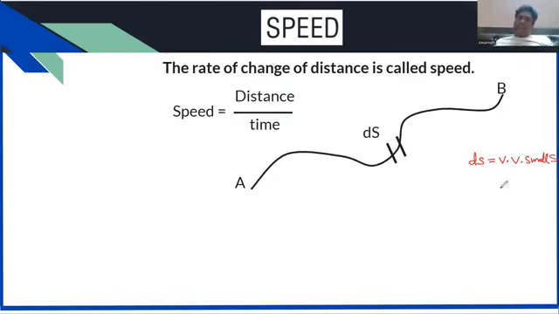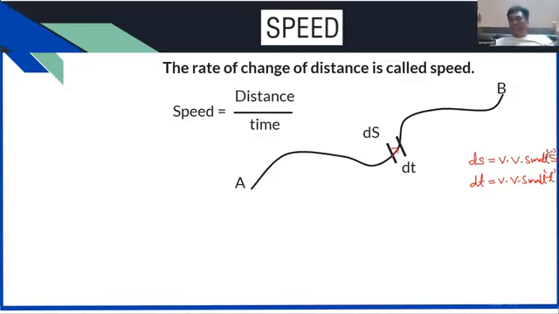Obviously the time taken to cross this very, very small distance also will be very, very small. So dt is very, very small time. What is ds by dt? ds by dt will be the speed of my car at this position.